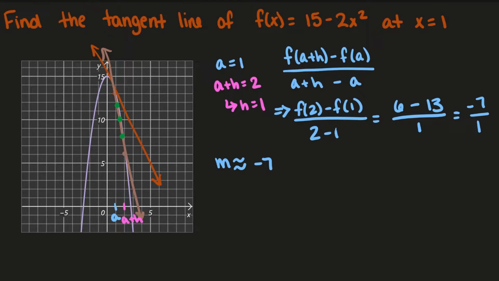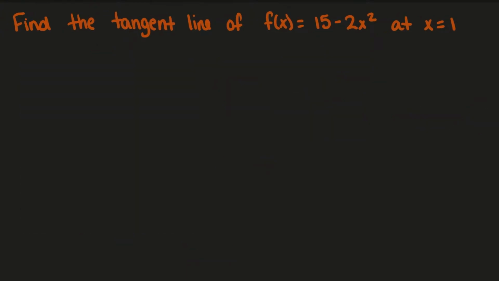Let's take the limit as this distance here, as this h becomes smaller and smaller, or as our h goes to 0. So let's see what would happen if we did that. As we said, h is the distance between x and another point on our graph. So as that h gets closer and closer to 0, the slope of our tangent line gets more and more accurate. We talked about this when we did our limits, and we want to use a limit here to find this.